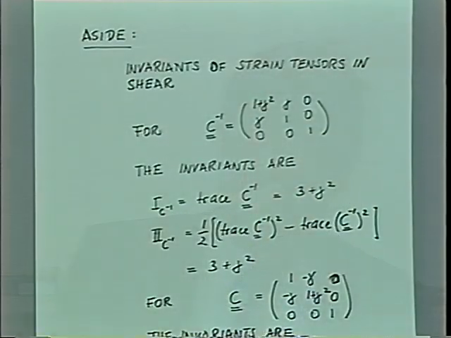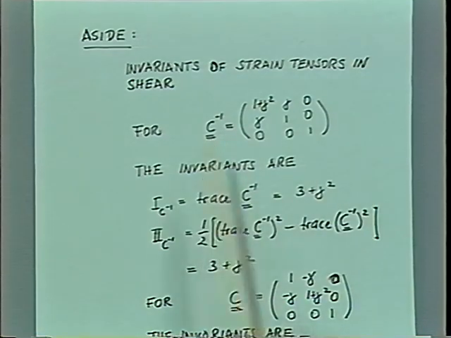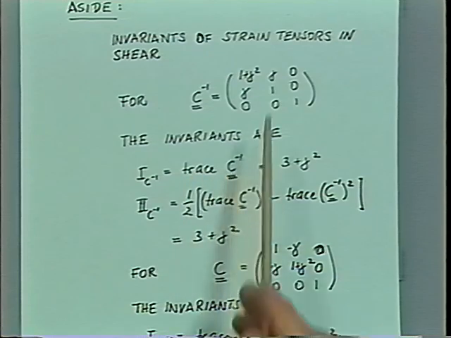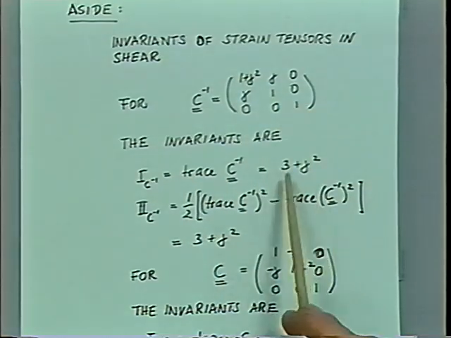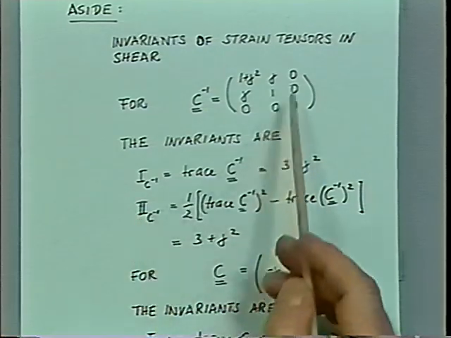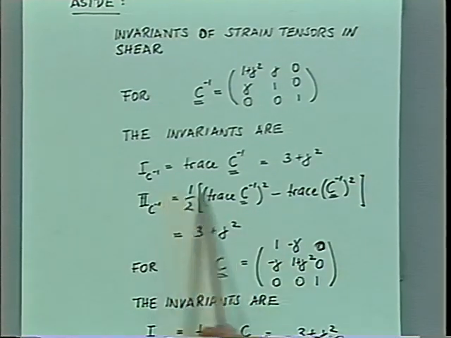In shear flow, the strain invariants, say for the Finger strain tensor, are given by the trace of that matrix, given by 3 plus gamma squared. And the second invariant of that Finger strain tensor has, again, the value 3 plus gamma squared, if you follow the definition of that second invariant.